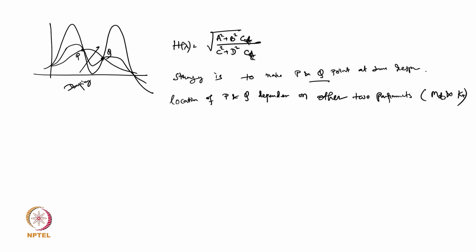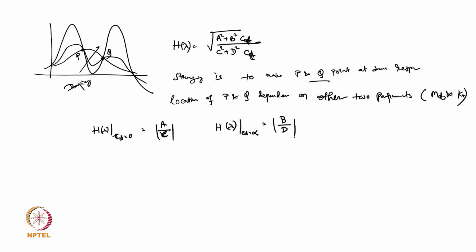Okay, so if we calculate H of lambda at cd equal to 0, what can we get? We will get mod a by c. And if we say H lambda at cd equal to infinite, what can we get?